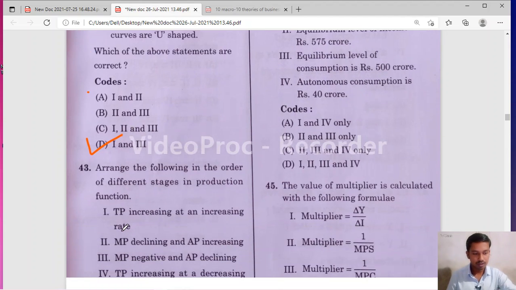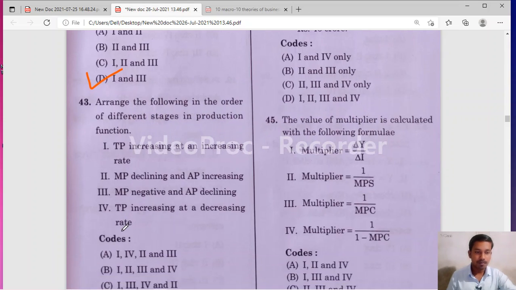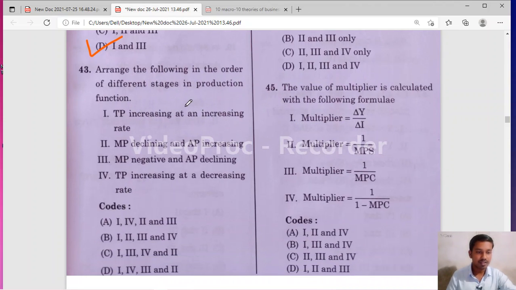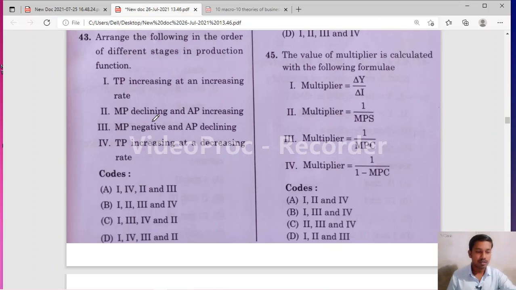Yes, question number 43. Arrange the following in the order of different stages in the production function. First one, TP increasing at increasing rate. Second one, MP declining and AP increasing. Third one, MP negative and AP declining. Fourth one, TP increasing at decreasing rate.